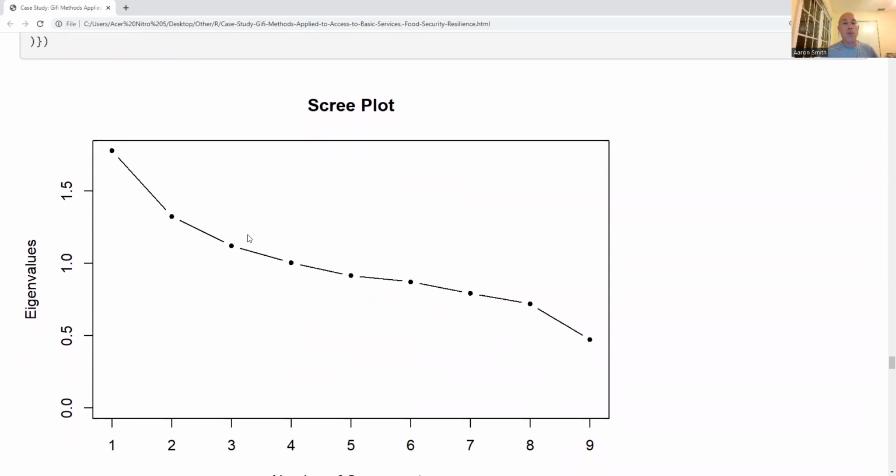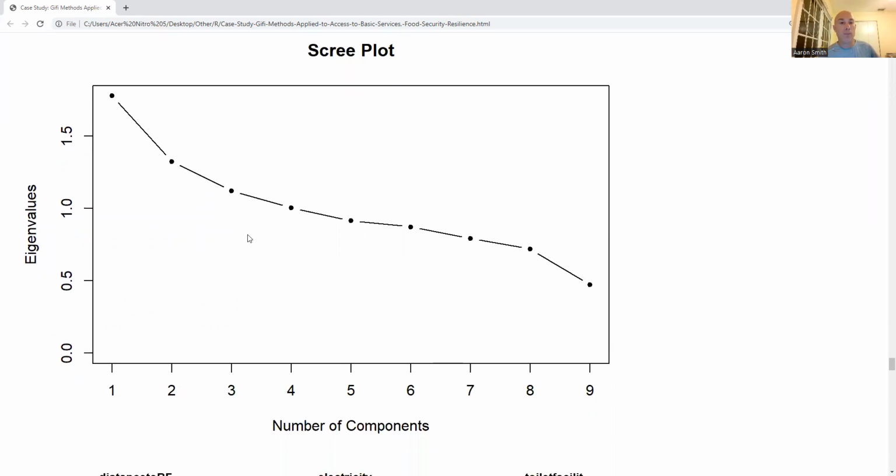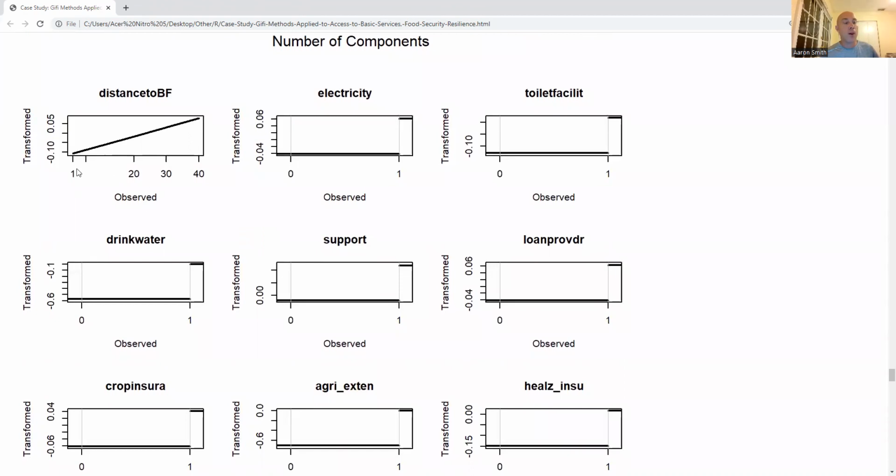All right, so now the scree plot has changed. Looks a lot more like the principal component analysis scree plot than the HOMALS scree plot. And here we can see the change. So here we can see that the distance to BF has not changed in the first principal component. There's no transformation on it.